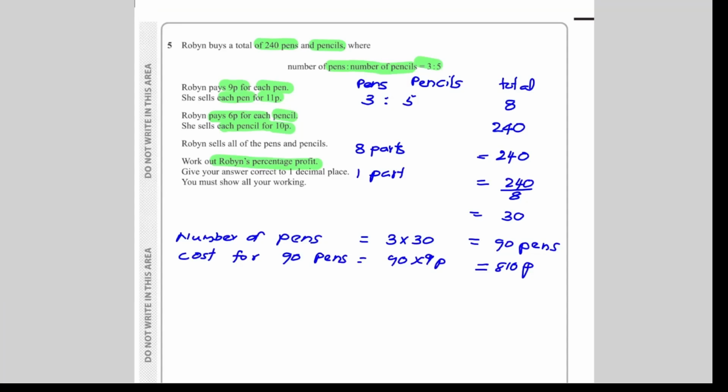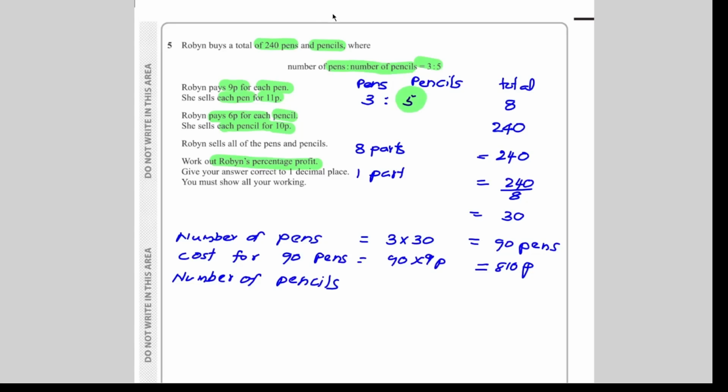Now let's figure out the number of pencils. How many parts for the pencils? In this case, for the pencils, we are getting 5 parts. Can you see there are 5 parts for the pencils?